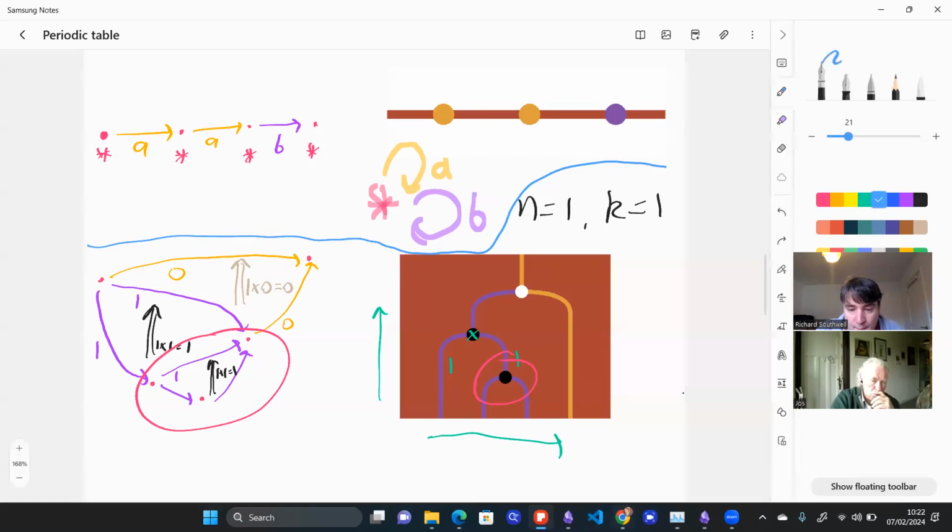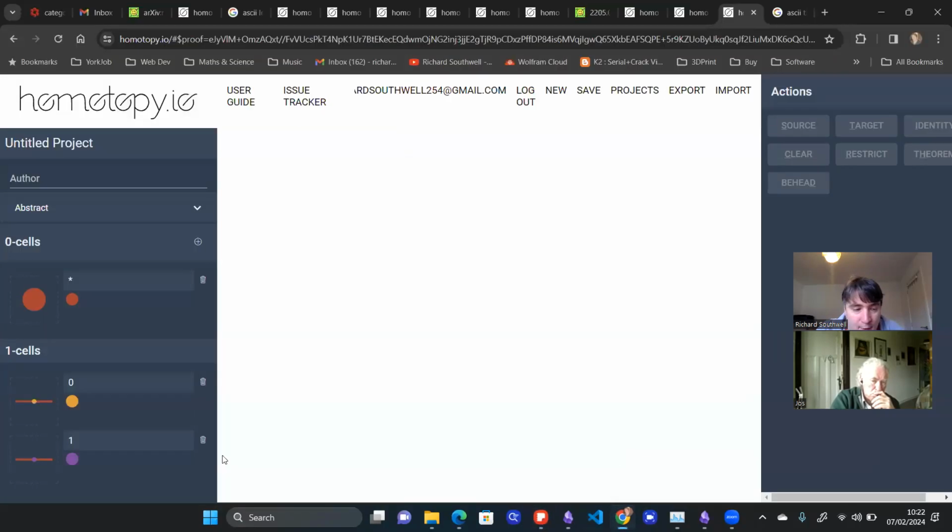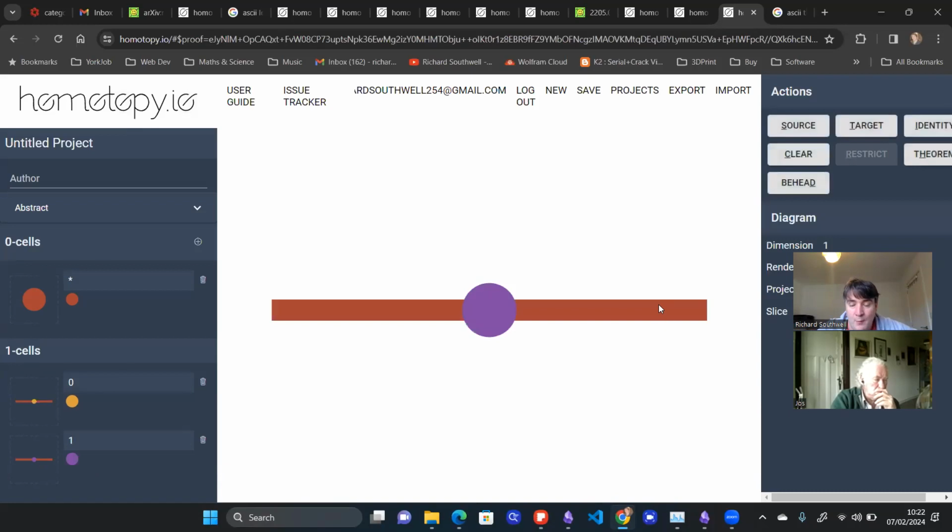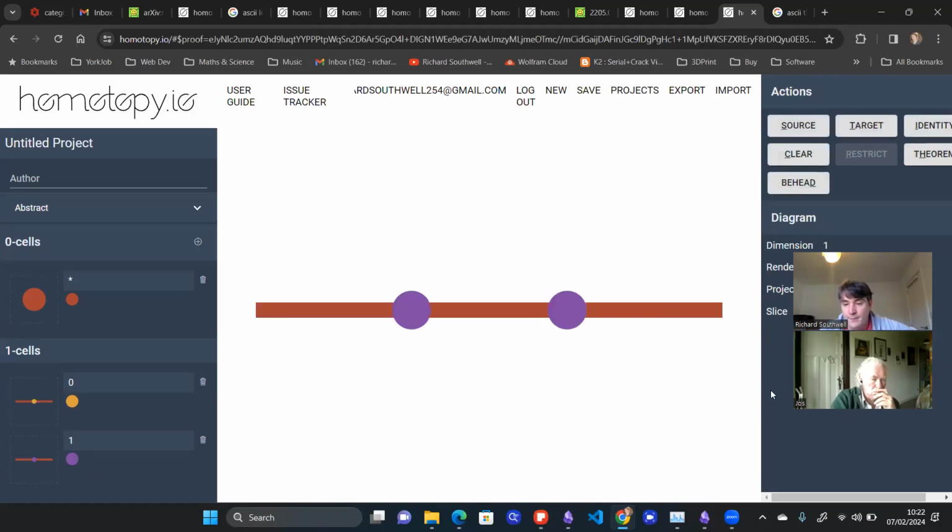Okay, so let's go back to Homotopy IO. So we want to say that if we start with 1 times 1, then we can get 1. So we'll click on the pictogram for 1, and then we'll compose it with 1. So we attach 1 to the right-hand side.